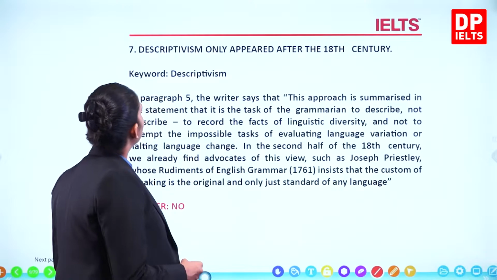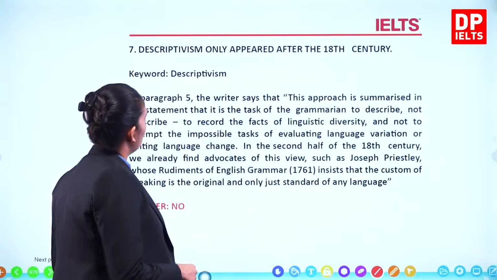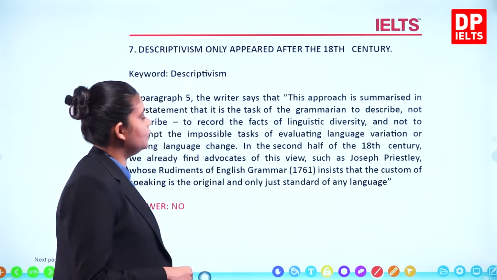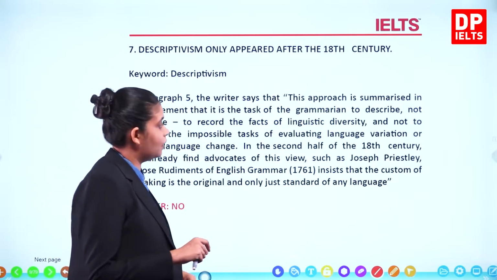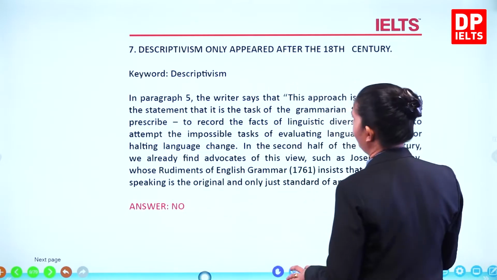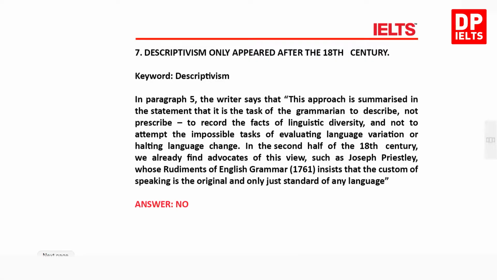7. Descriptivism only appeared after the 18th century. So let's have a look at what the writer says in para 5. So this approach is summarized in the statement, and it goes on and then it says, to record the facts of linguistic diversity and not to attempt impossible tasks of evaluating language variation or halting change.